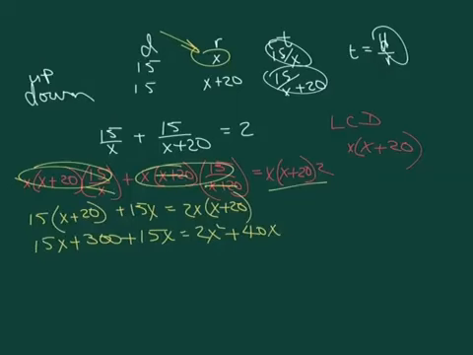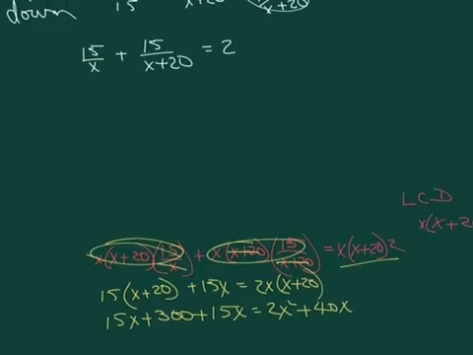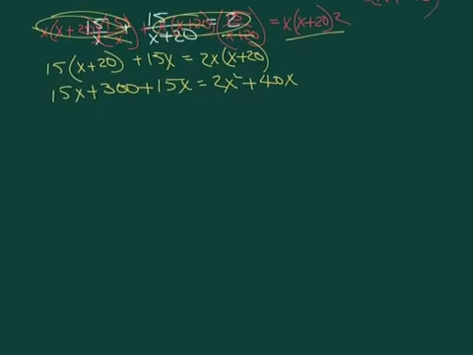Okay. So let's move all this up. All right, so we're going to rewrite all of this. 30x plus 300 equals 2x squared plus 40x.